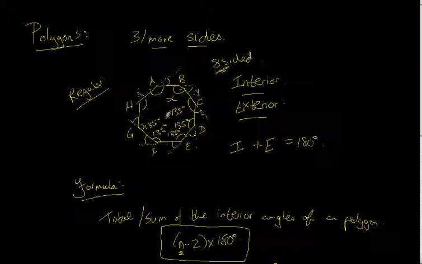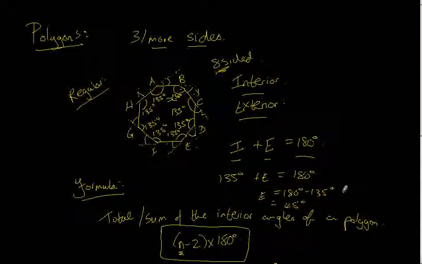So if we know that each interior angle is 135 degrees, what would a single exterior angle be? Well, we know an interior angle plus an exterior angle gives you 180 degrees. Our interior is 135 degrees, so our exterior should be 180 degrees minus 135 degrees, which equals 45 degrees. So each exterior angle is 45 degrees.